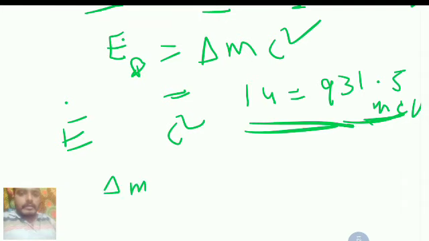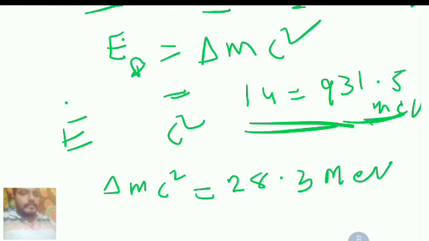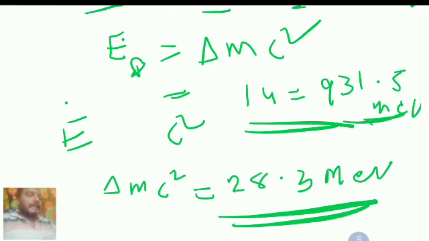Delta m c square is equal to 28.3 mega electron volts. It is the binding energy of the helium alpha particle.